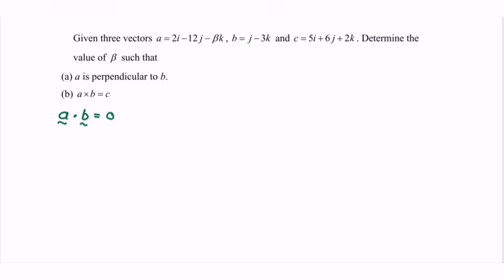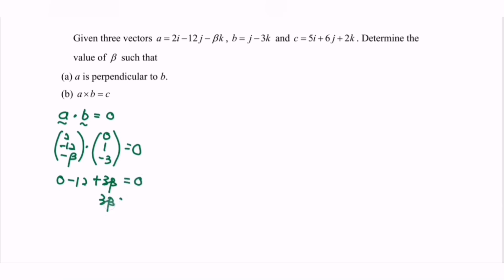Kindly substitute the vector A, 2, -12, beta, dot B, 0, 1, -3, equal to 0. So we will have 0 minus 12 plus 3 beta is equal to 0. So 3 beta is equal to 12. So beta will be equal to 4.